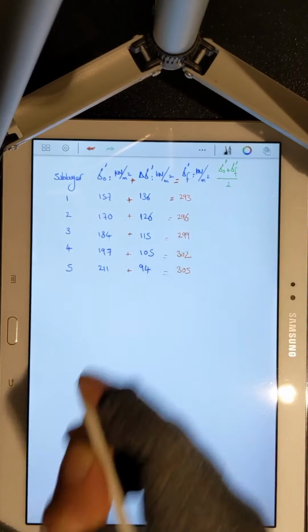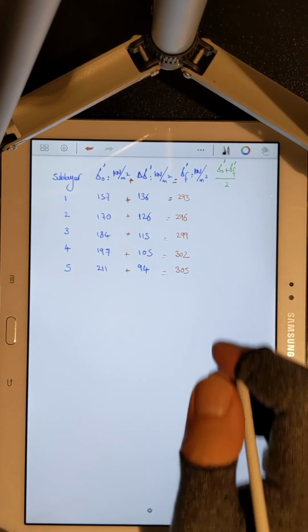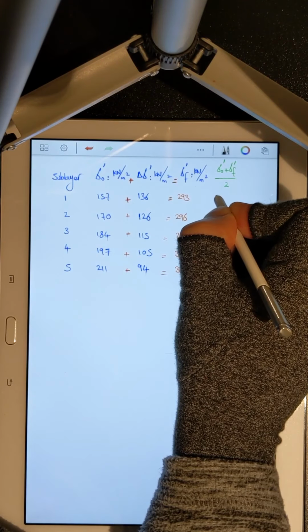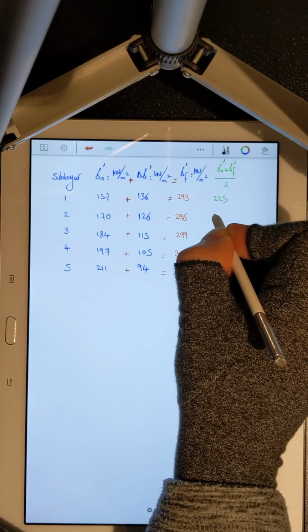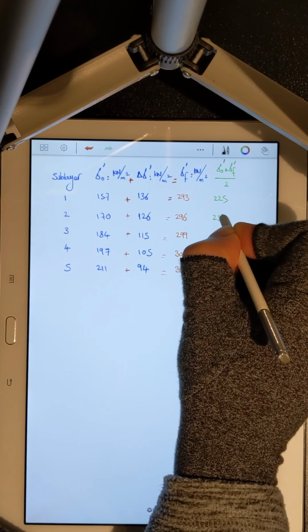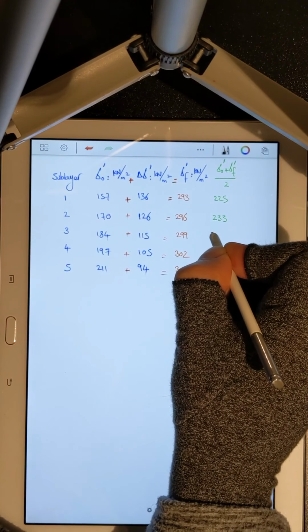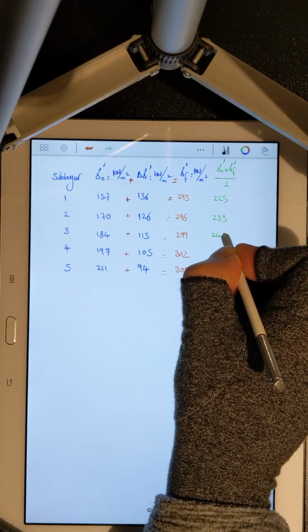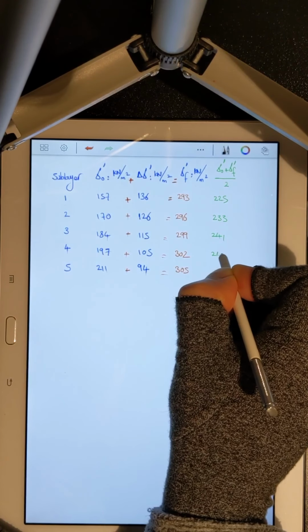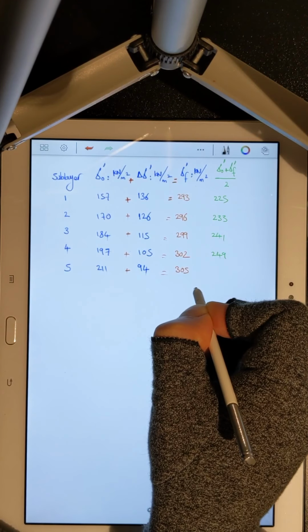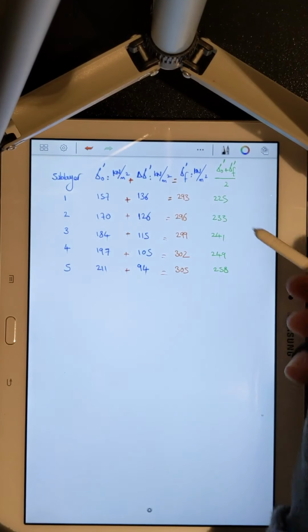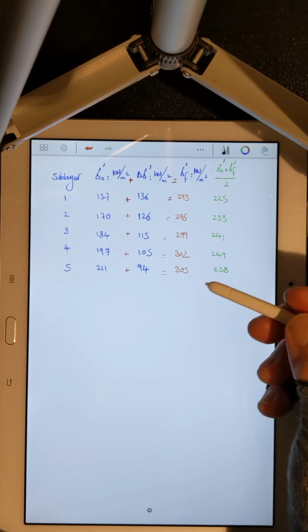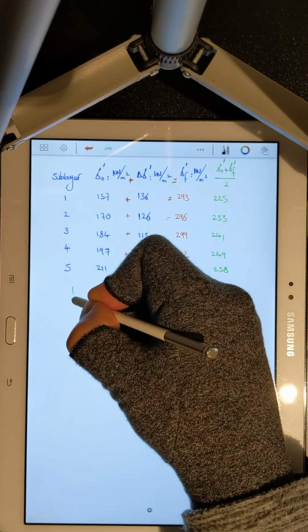So the average value of effective stress in the middle of each sublayer will be 225, 233, 241, 249, and 258.